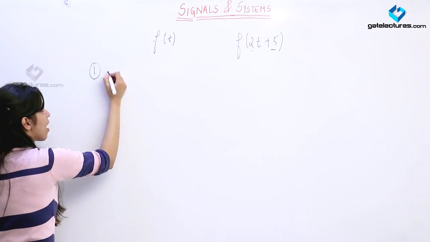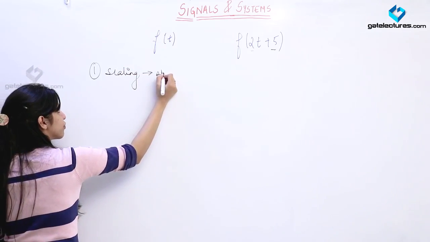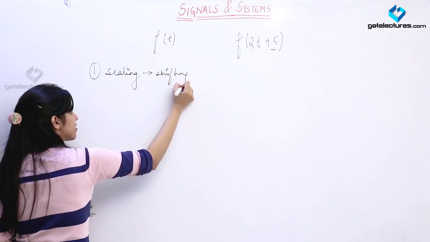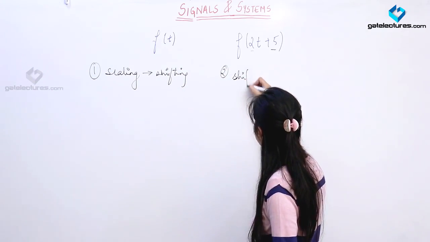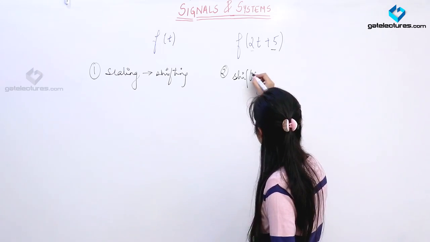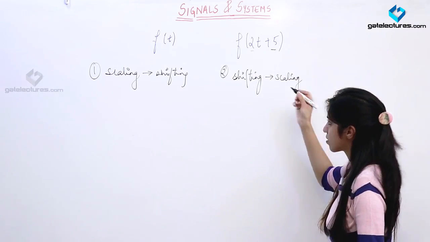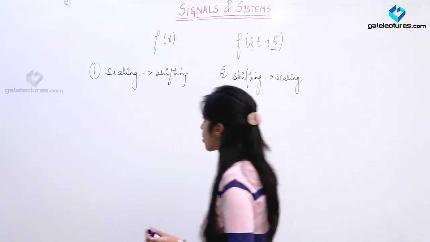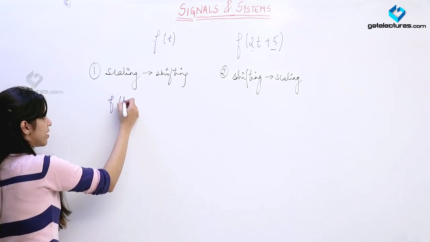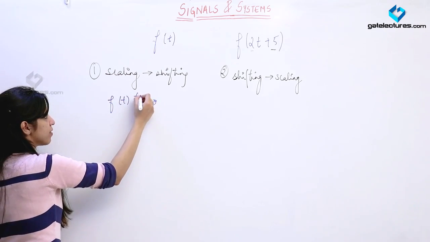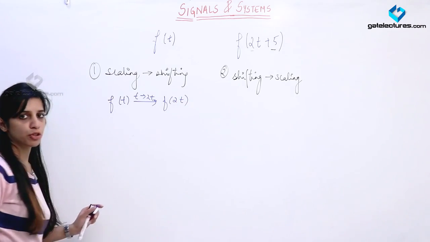Firstly I am performing scaling followed by shifting, and in the second case we are taking shifting first followed by scaling. If I perform scaling first, I replace t with 2t. So the function has now become f of 2t.